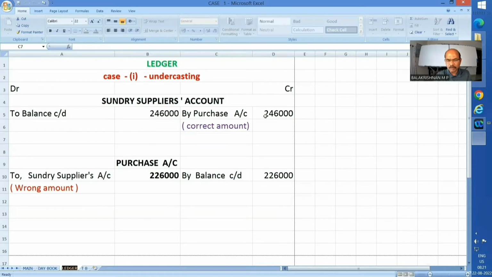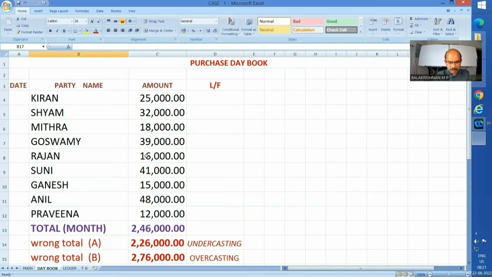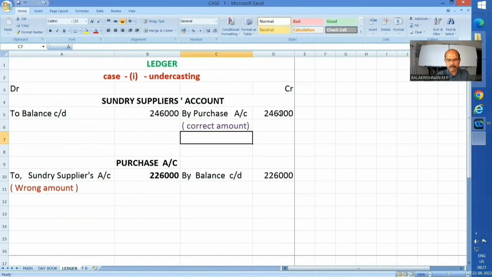It will be 2,46,000. They have not told us any mistake in shifting this amount to the respective parties' accounts. If any mistake is done, they have not told us. So obviously, if we add up all such individual account ledgers, it will come to 2,46,000.